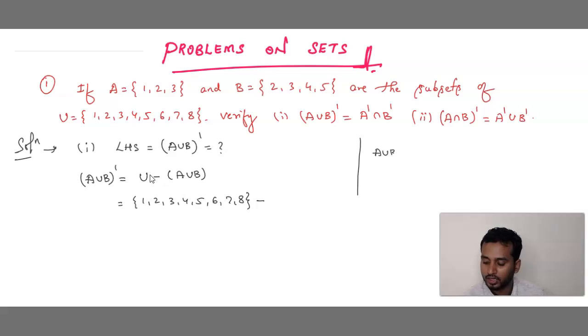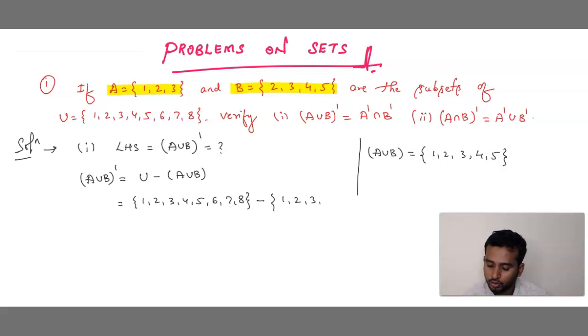Separately find A union B. A and B elements combine, right from lowest number to highest number. So A union B is what? Can you see? This is set A and this is set B. So A union B is 1, 2, 3, 4, 5. This is A union B. This is what we need to subtract. That is 1, 2, 3, 4, 5.